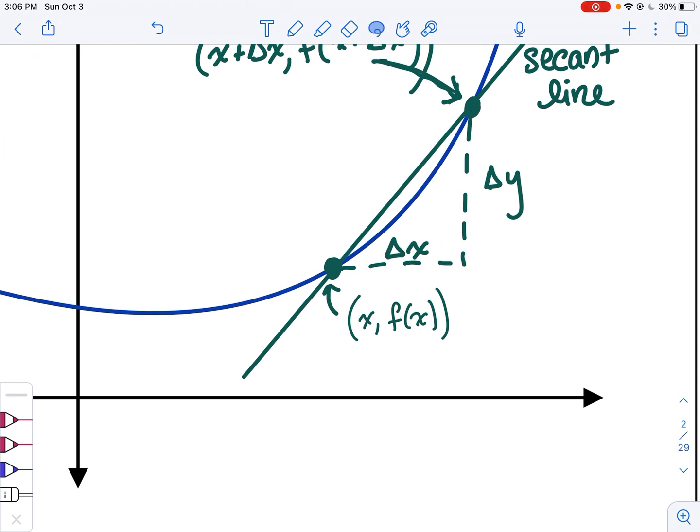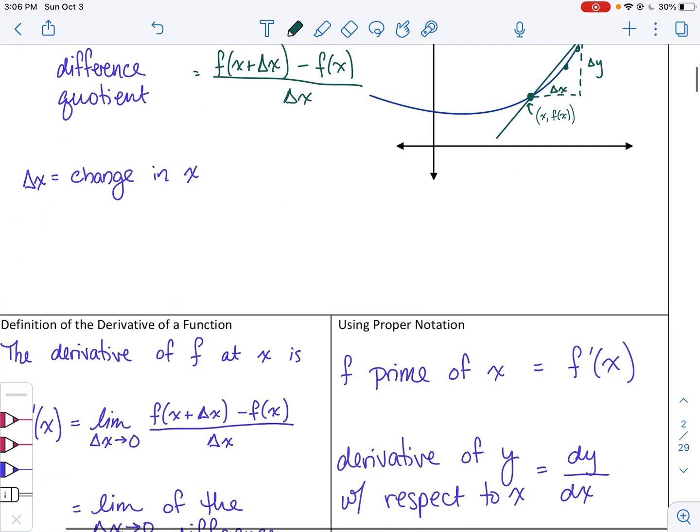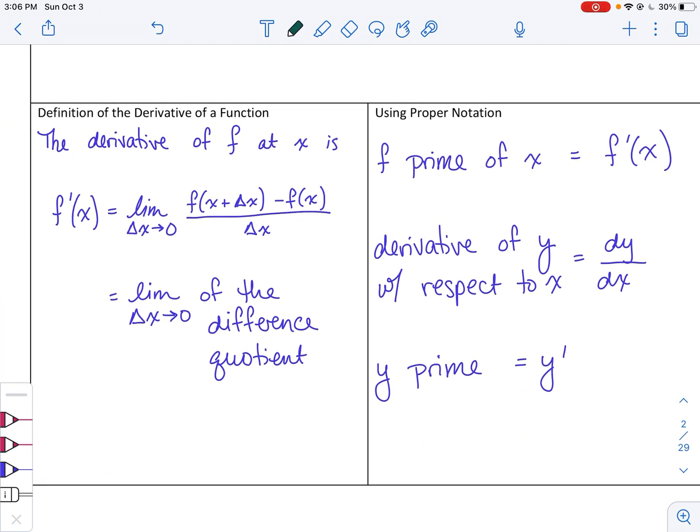So if I were to move this point right here, and that point were to get closer and closer until the distance between those two points was 0. So it's the limit as delta x approaches 0 of the difference quotient.